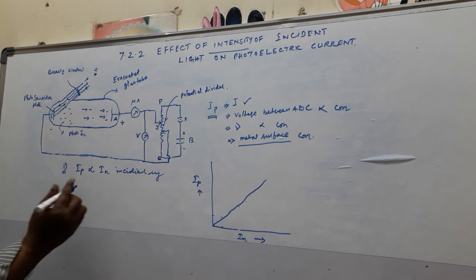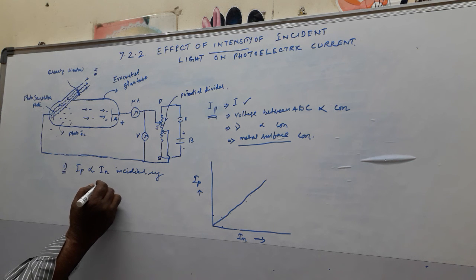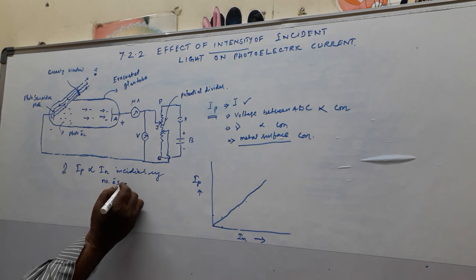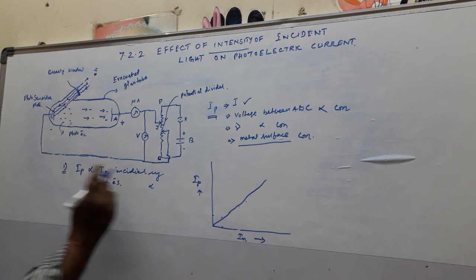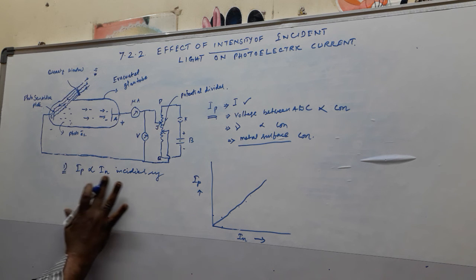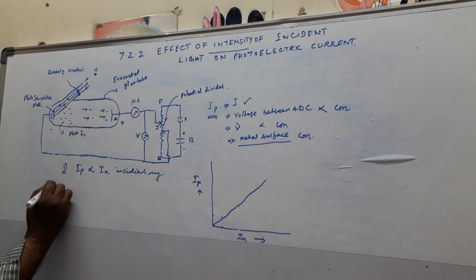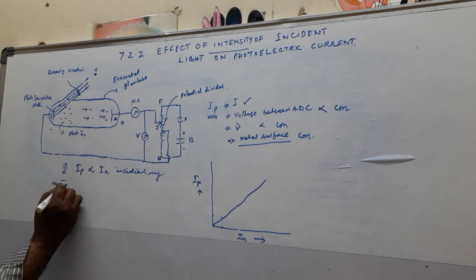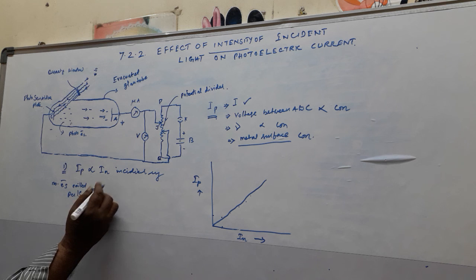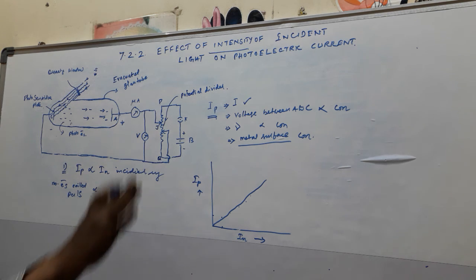That means the number of electrons emitted per second is directly proportional to the intensity of the incident ray. You have to write that here.